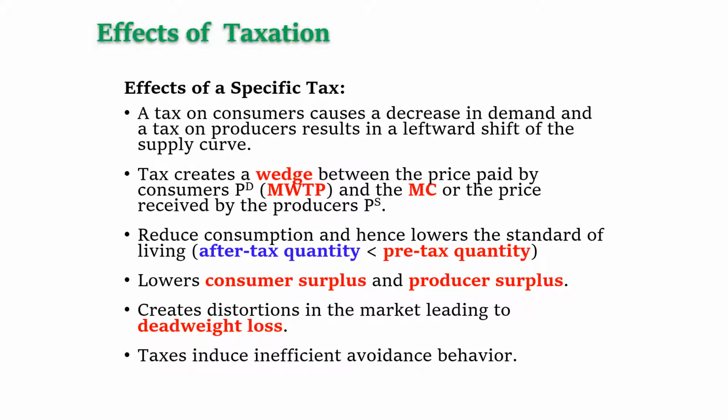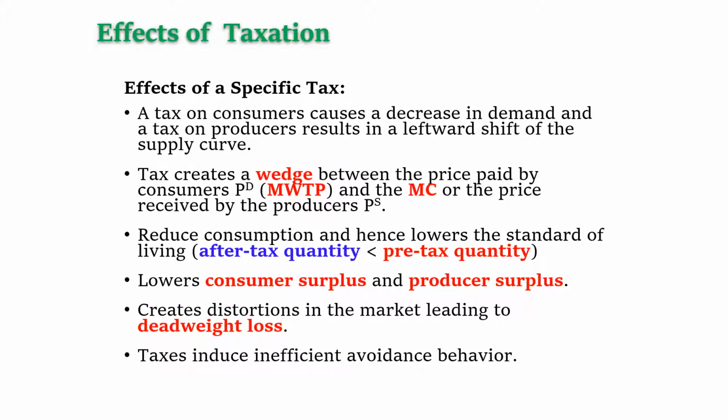So the tax reduces consumption and hence lowers the standard of living. Notice that the after-tax quantity is smaller than the pre-tax quantity. So that's why we say the tax lowers the standard of living. Because if there is a tax on a good, the consumer is now going to buy less of the good because of the tax.